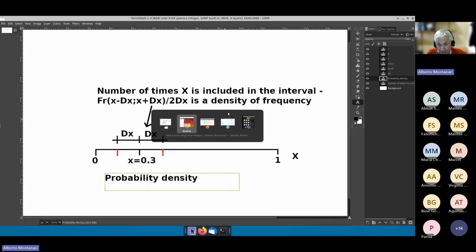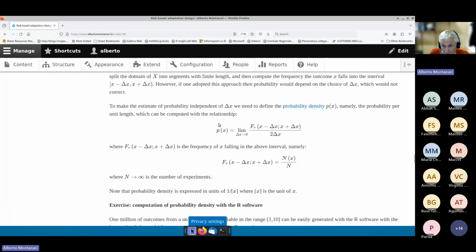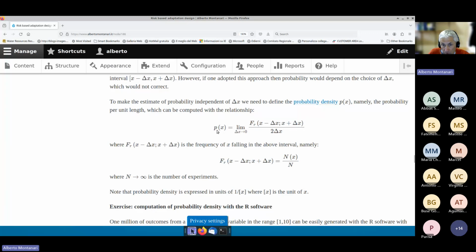So first, if we indicate the probability with the capital P symbol, we indicate the density with the lowercase p, as you see on the screen. The first equation on the top is lowercase p of a given value of the random variable x.